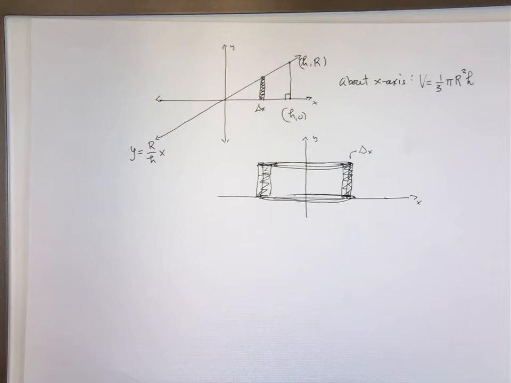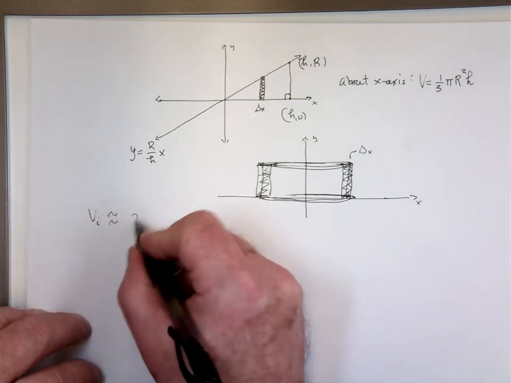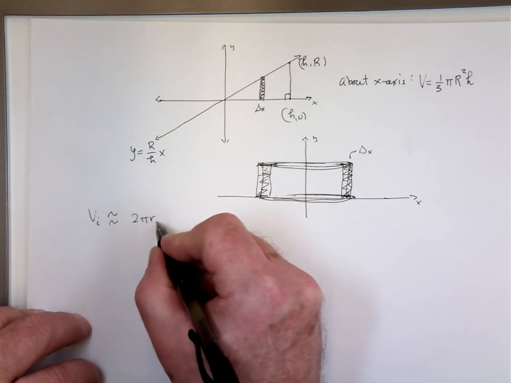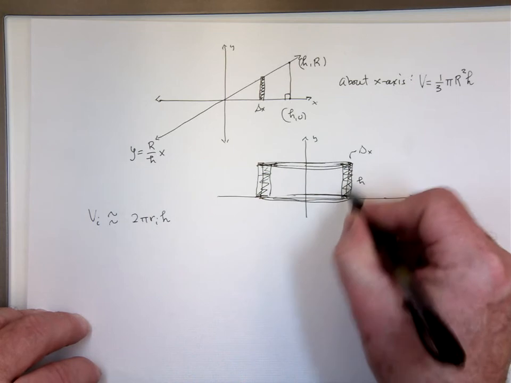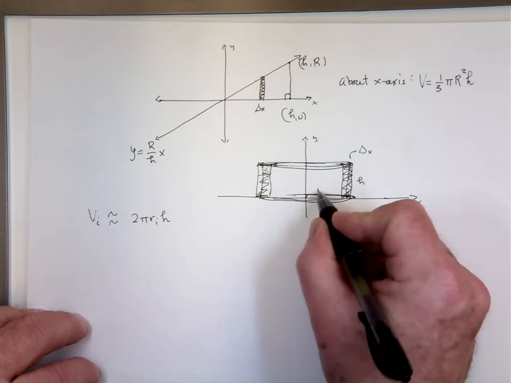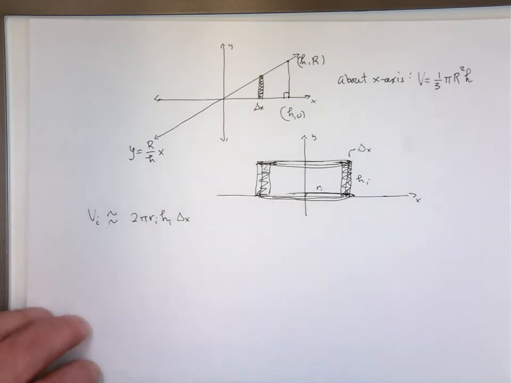So here's what we have for a volume. The volume of that cylindrical shell, that one piece right here, is 2 pi r h delta x. Because when you cut that and open it up, you got this rectangle. Length times width times the depth will be the volume of that shell.